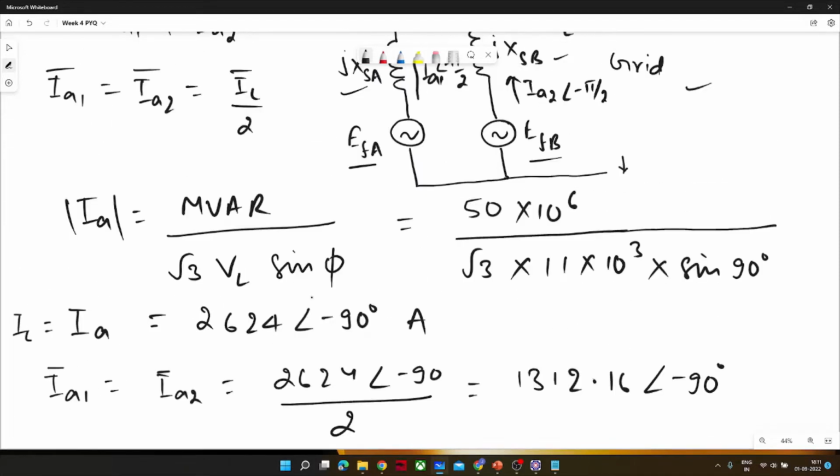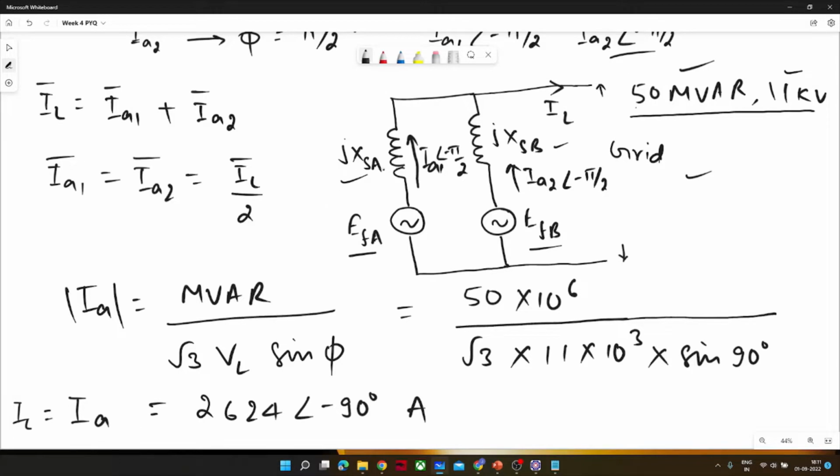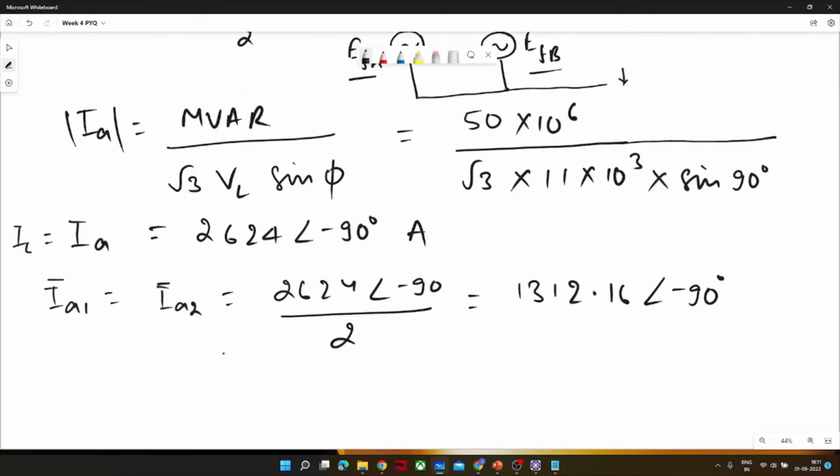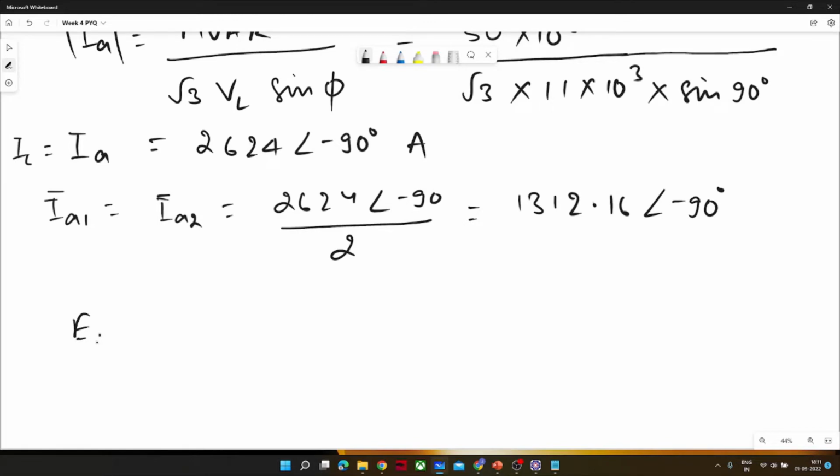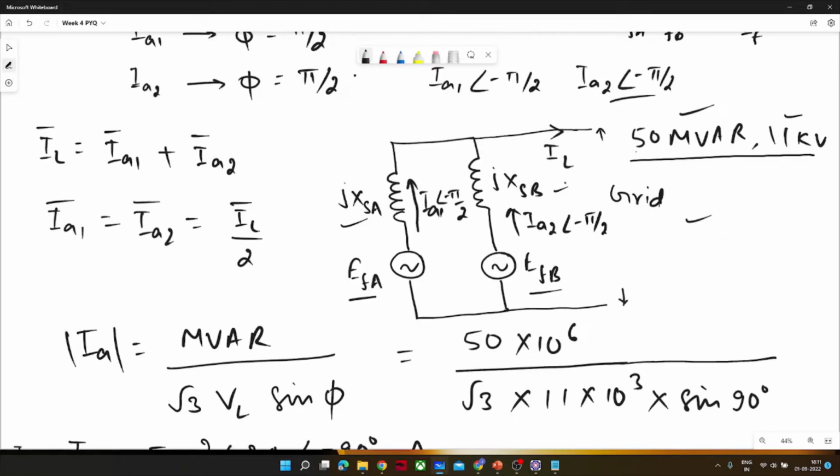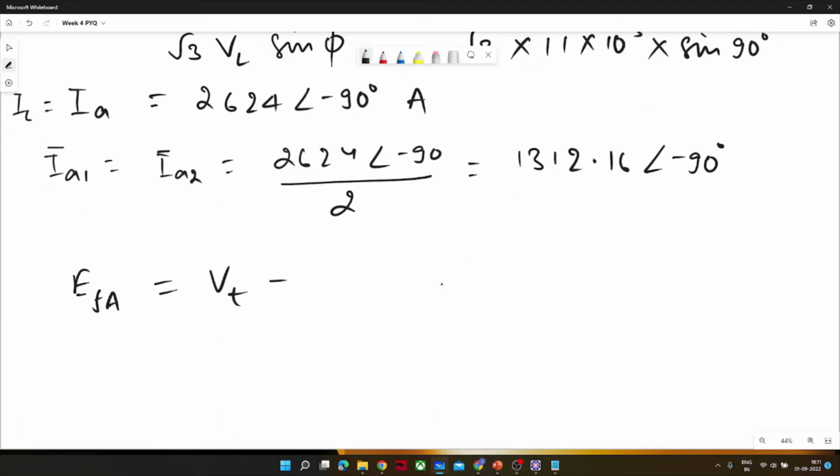We know now IA1, IA2. We know XSA, XSB. We can calculate EFA. So EFA is equal to VT plus or minus. This is like a synchronous motor, and in a synchronous motor, VT is higher than EF, right? Because supply will always be higher than the generated voltage. So VT minus J IA XS. I will try to break all the components in phase value.